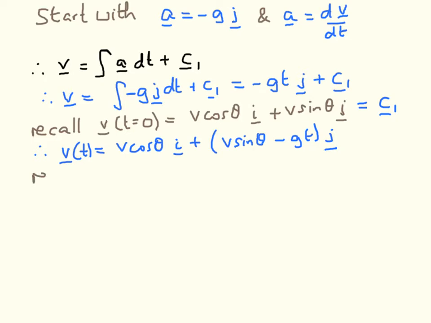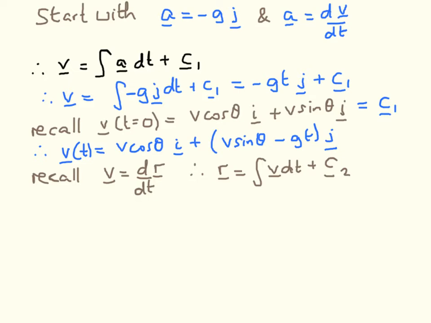We now recall that v is the derivative with respect to time of the position vector. So the velocity is the rate of change of the position vector with respect to time. So this tells us that r is going to be the integral of v with respect to time, plus of course an integration constant which I'm going to call c2, and it is of course a vector.